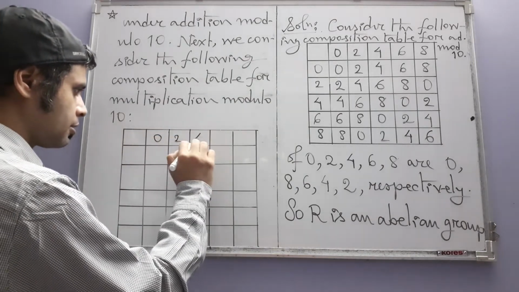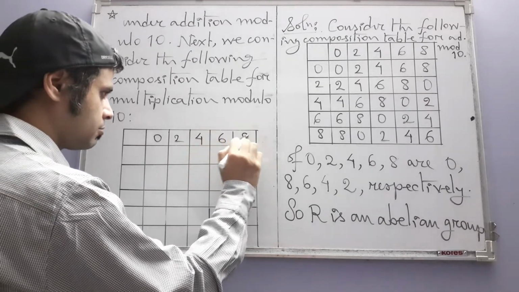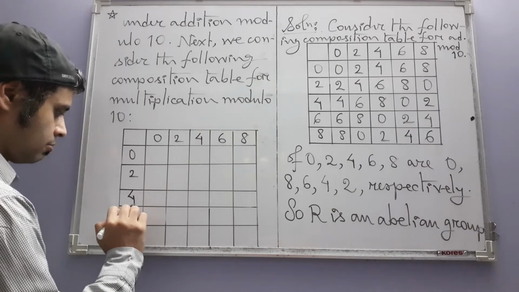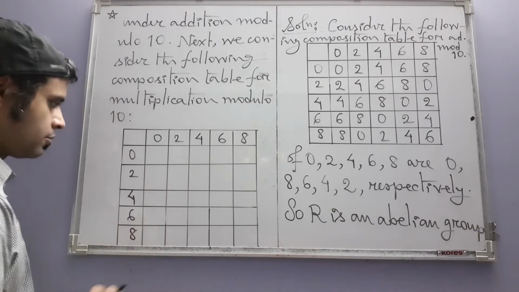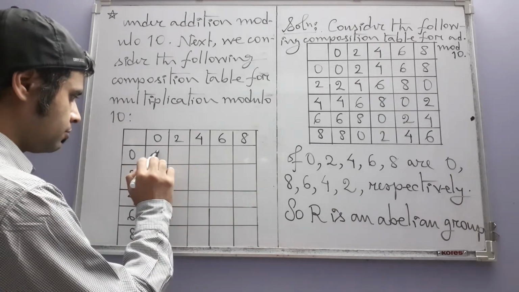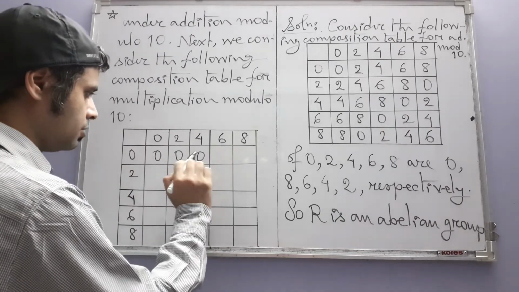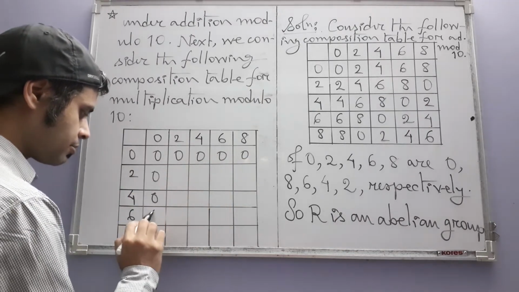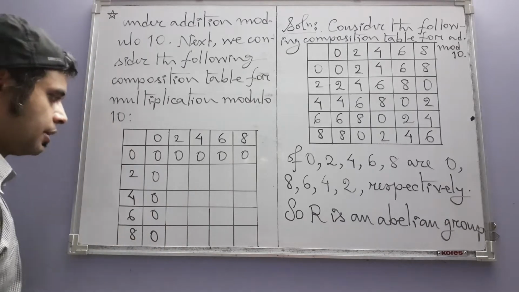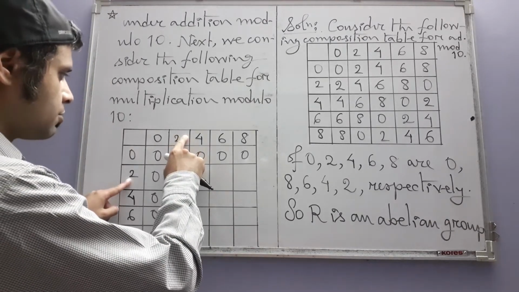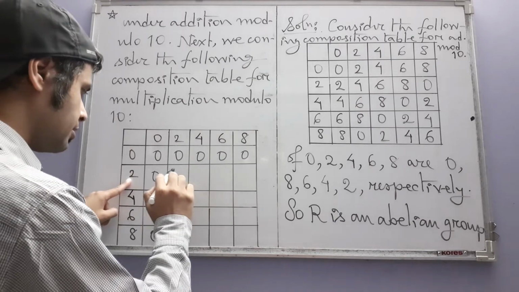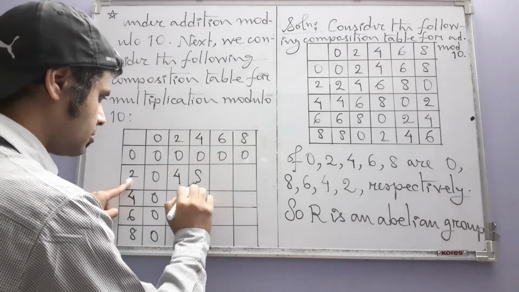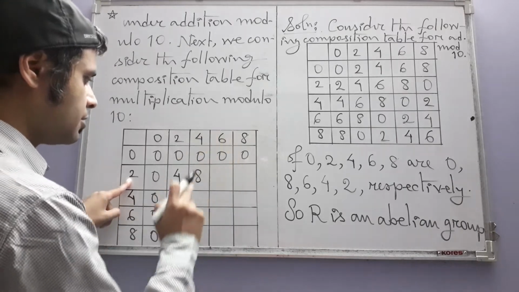The elements are the same, 0, 2, 4, 6 and 8. So the row for 0 will of course just be 0. All the entries will be 0. So the column will also be 0. Next, 2 times 2 is 4. So modulo 10, that is again just 4. 4 times 2 is 8. 2 times 6 is 12.